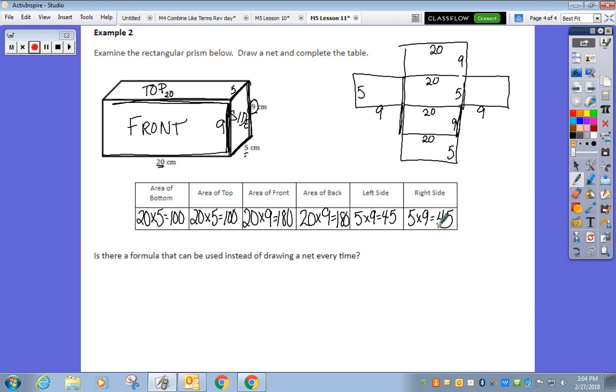Okay, so if I wanted to find the surface area, once again I could add them all together, 100 plus 100 plus 180 plus 180 plus 45 plus 45, or I can take my areas and multiply them by 2 and then add them together.